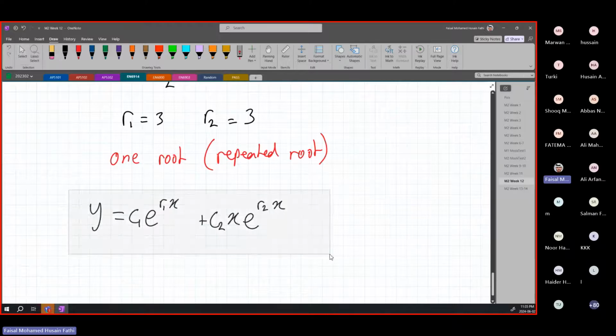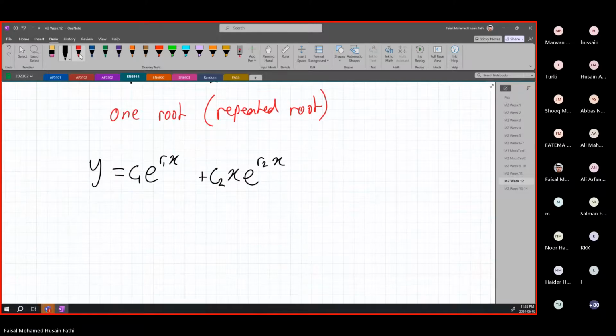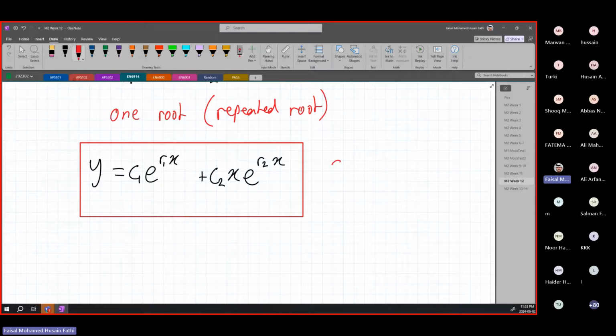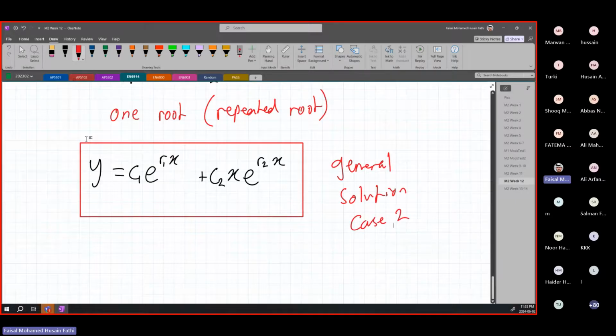This is the general solution for case 2. Okay? This is how you will have it. You cannot have the same r multiplied.